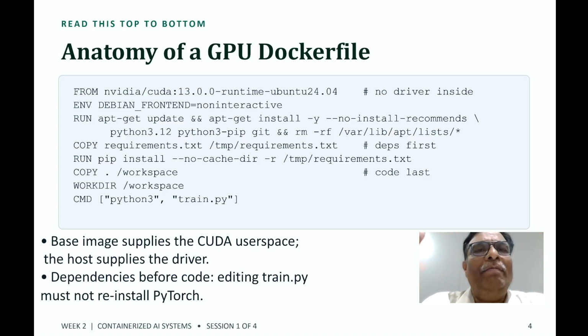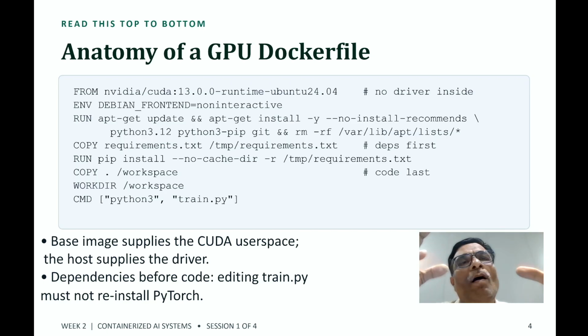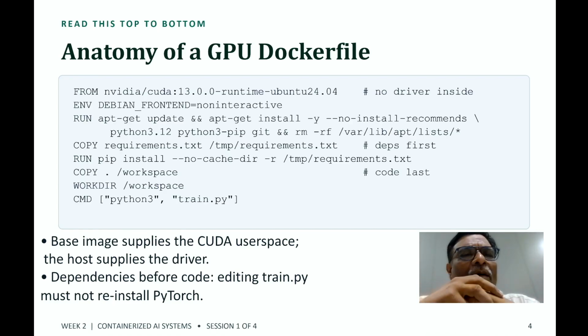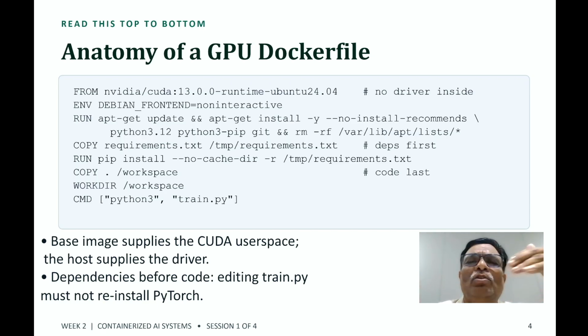When you try to run something as a Dockerfile and you want to run it on a GPU, it would be something like this. You have FROM nvidia/cuda:13.0 runtime ubuntu 24.04. This basically means this is a Dockerfile which tells us we don't have any drivers inside, because drivers would be there on the host system. Then you have RUN apt-get update and so on, which Python you use, and what the requirements are, so there is this requirements.txt.